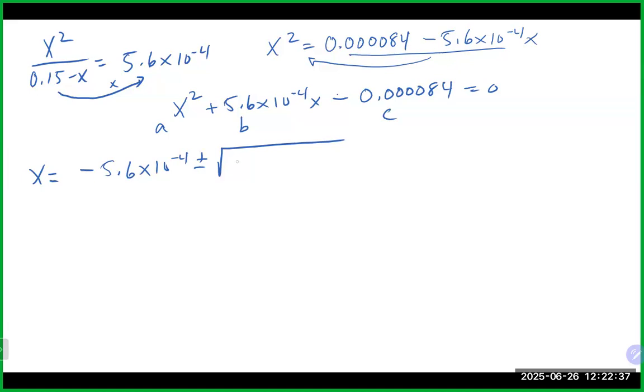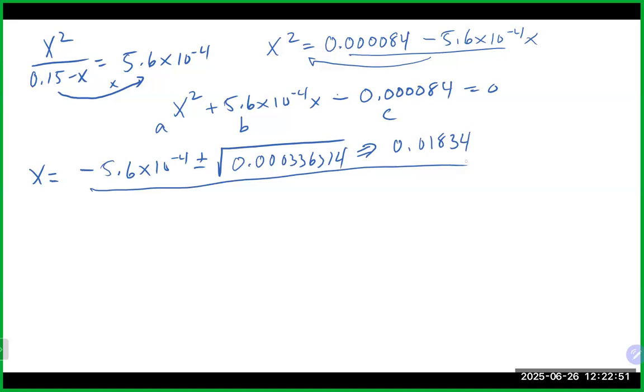That gets us 0.000336314 inside the square root, and if you take the square root, 0.01834, we'll call it, all divided by 2 times a, which is 2.